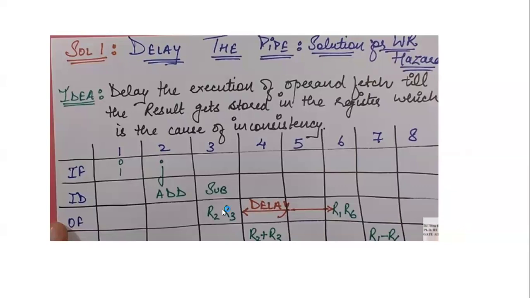After performing the addition, we create a delay of two clock cycles, cycle 4 and cycle 5. Then you give the chance to the next instruction, R1 and R6. Once R2 plus R3 is performed, the value is stored in R1. Then, once R1 is updated, you consider the execution of the next instruction. So we delay and give the chance to the instructions one by one. That is the concept of delaying the pipeline.